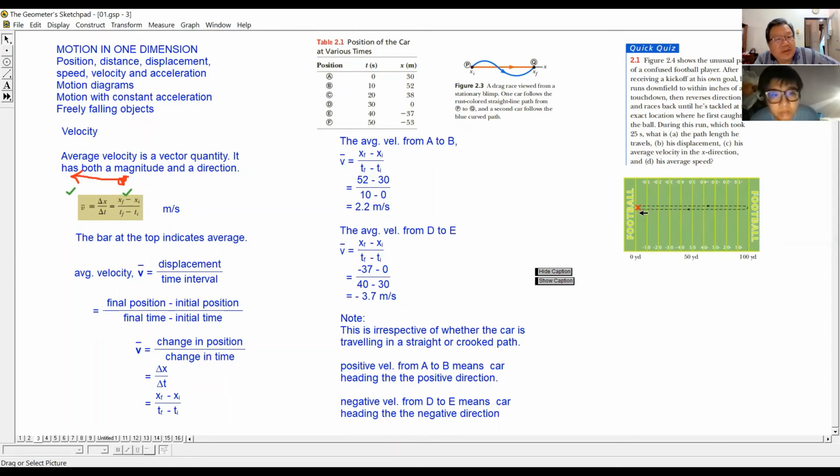Final position is where? Come back here. Final position also at the same point. So what is the path length he travels? Path length takes into consideration all the crooked lines, all the curves and so on. So can you tell me what is the path length?